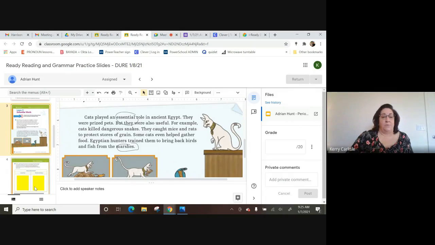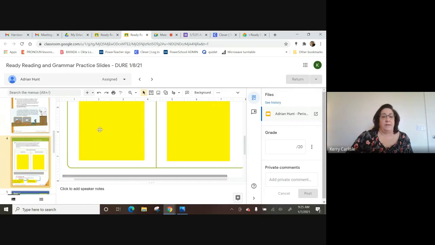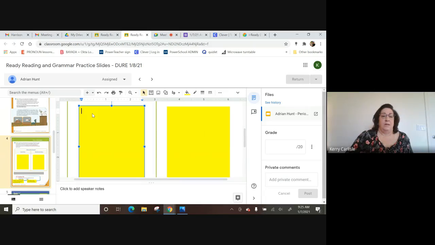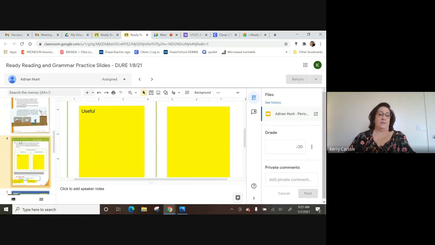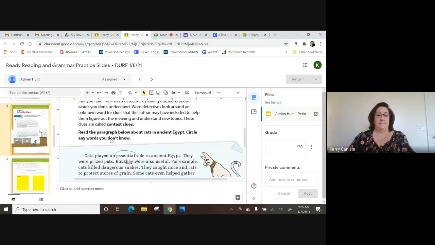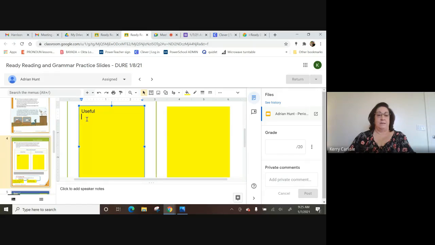So some of the words that you could use here to describe essential was that they were useful, right? Another word that you could use that is from the text around there is that they were prized. In other words, it's not just that they were useful, but they were actually prized, right? The people wanted them.